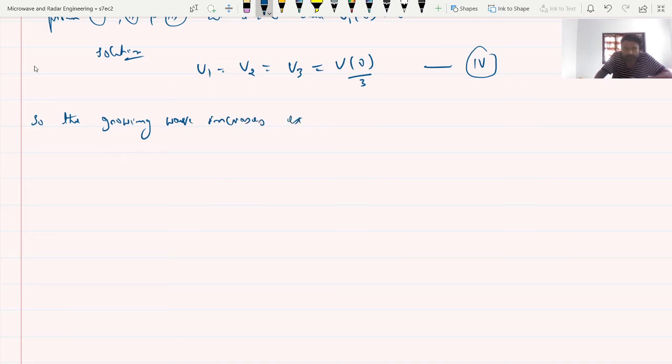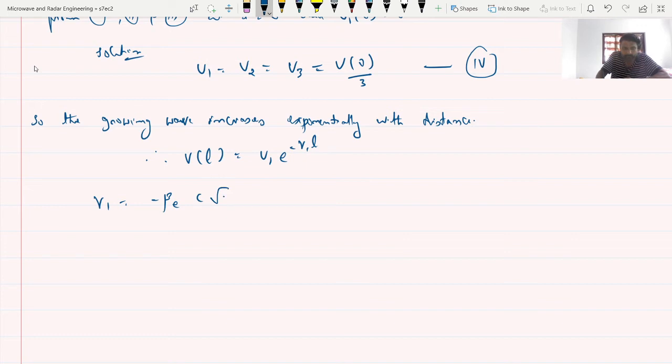So I can write, therefore, V of L is nothing but V1 e raised to minus gamma 1 into L. Gamma 1 is nothing but minus beta e C root 3 by 2 plus j beta e 1 minus C by 2.